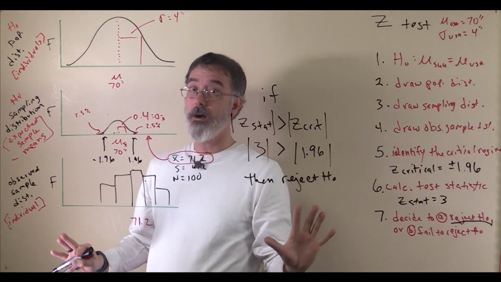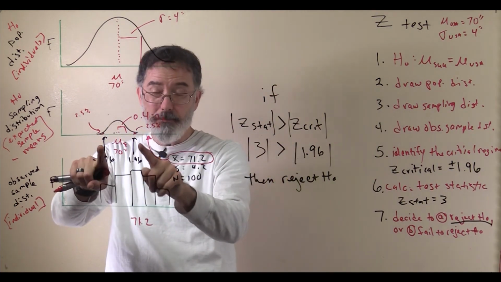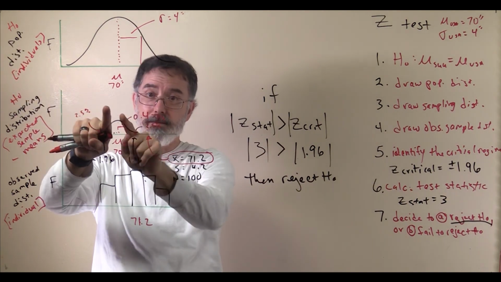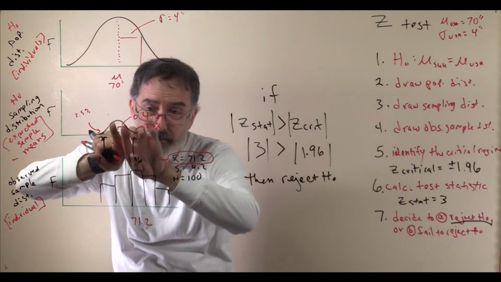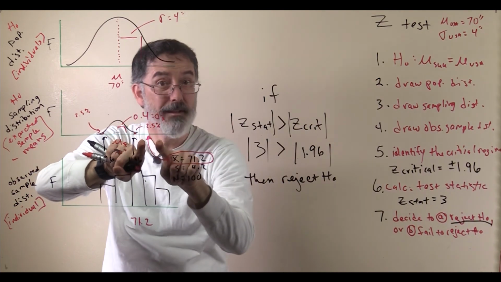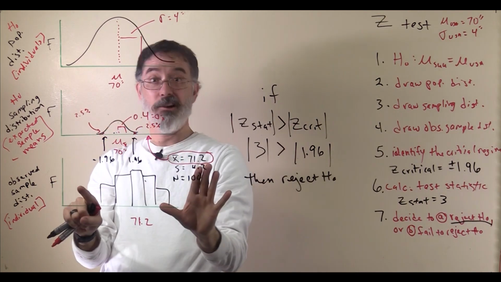Notice we could be wrong. We could be making an incorrect decision because of the kind of samples that you expect from this population if the null hypothesis is true. Remember this distribution goes on forever, and so this kind of sample does show up every now and then from this population due to random sampling. Not very often at all, right?